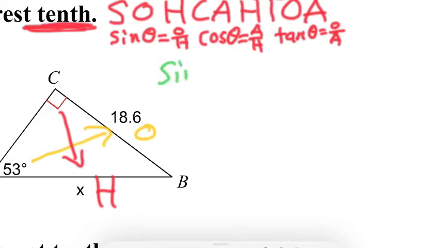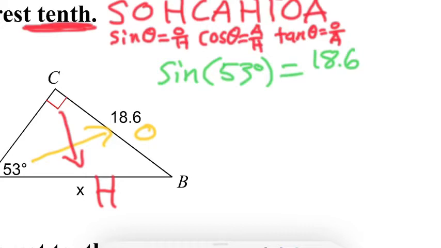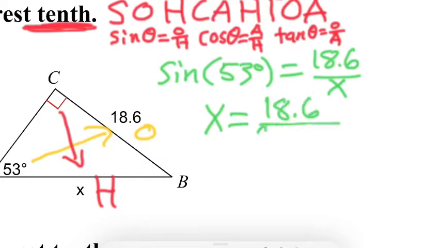So sine of 53 degrees equals our O, which is 18.6, over our H, which was x. So we switch it, so we have x equals 18.6 over sine of 53 degrees.